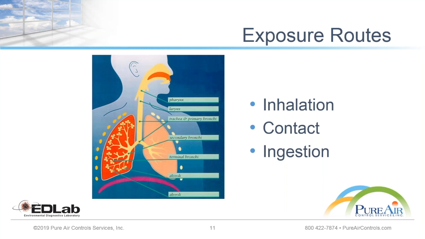We're breathing these allergens in, and it's affecting us in our nasal cavities, our upper respiratory system, and then it can also get more deeply into our lungs. So inhalation is probably one of the biggest for indoor air quality.